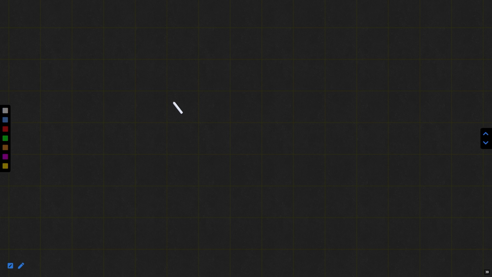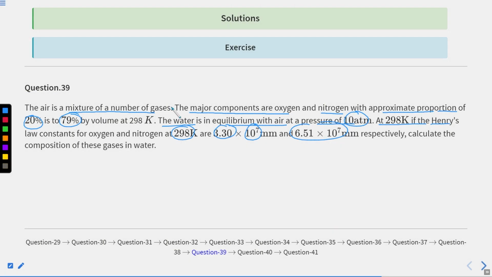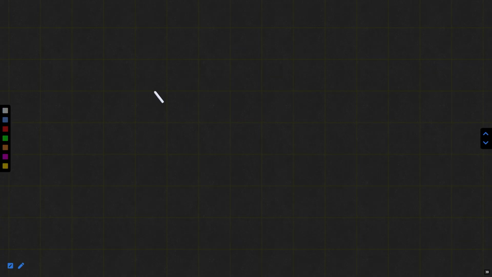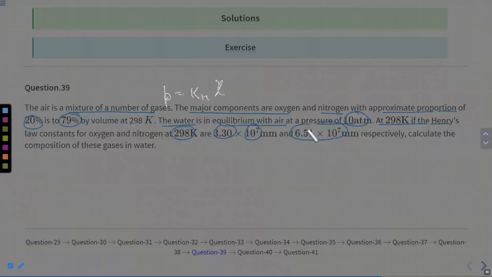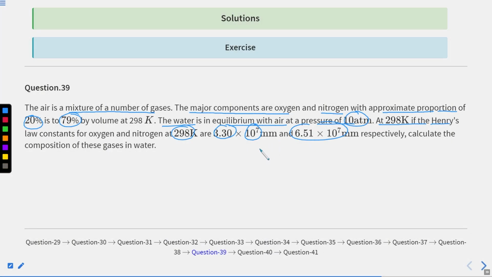So the formula is simple. How do we calculate it? We know Henry's law, P equals KH times chi. This is our formula. Now for calculating this, how will you proceed?